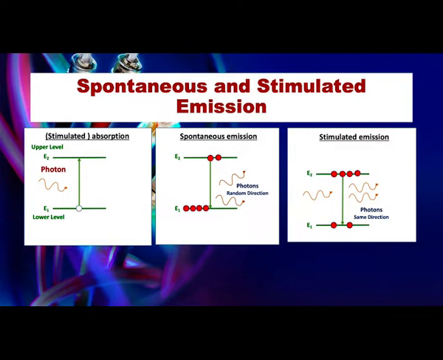Not only that, these photons are emitted at random in different directions. Third, these photons will have a different wavelength also. All these put together are the characteristic properties of spontaneous emission.